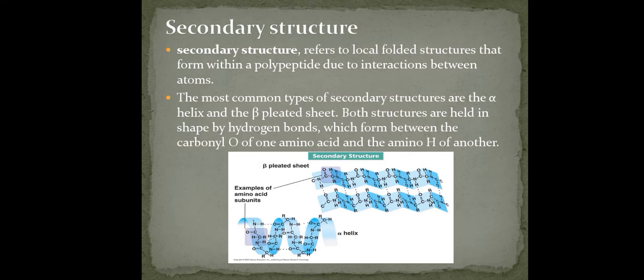In this figure you can see the secondary structure: the alpha helix, an example of amino acid subunits, and the beta pleated sheet. There is a purple block in this figure, and this is a beta pleated sheet.